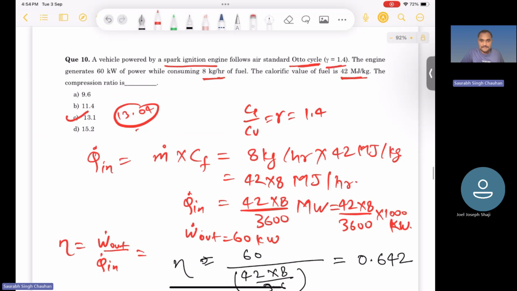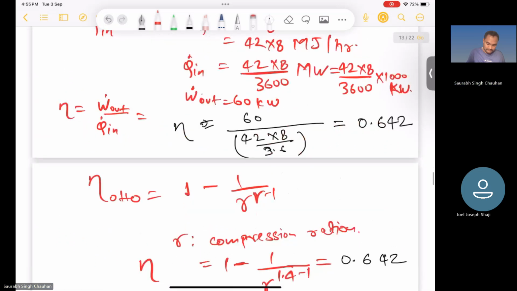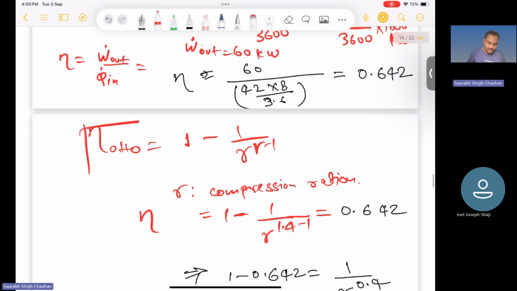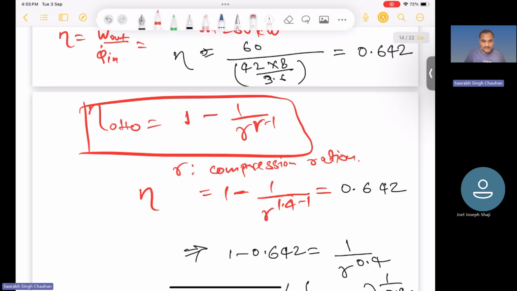I hope this is clear. We just need to remember the formula for efficiency of Otto cycle. Sometimes these formulas are difficult to remember, but at least you should remember that if you increase the compression ratio, then what will happen?